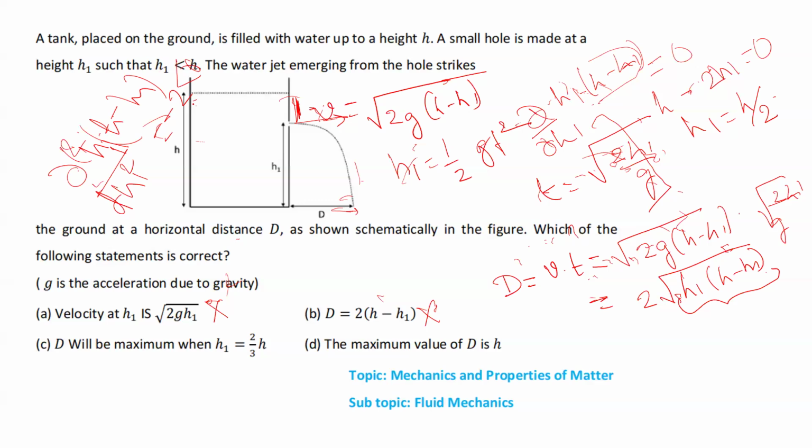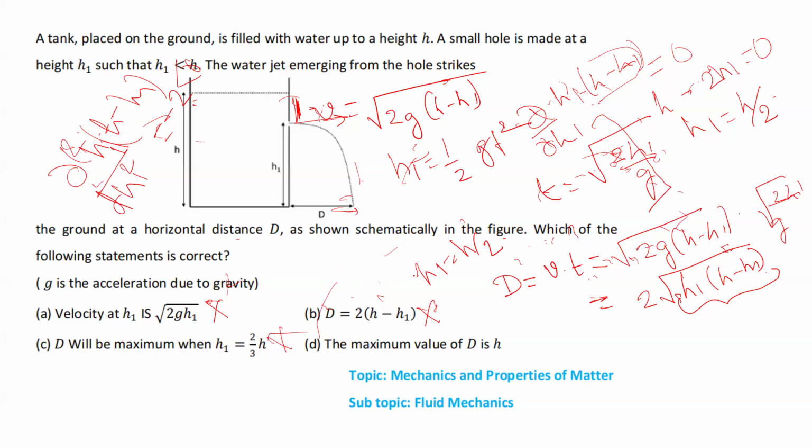So it's a maximum value. So at h1 equal to h by 2, it gives the maximum value. So this is also not correct, right? So option C is also not correct.